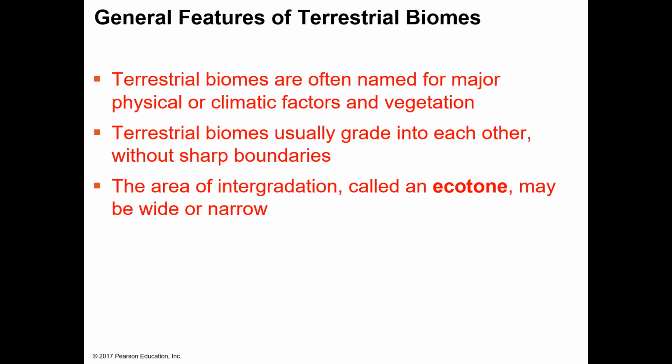Because they are fading from one into another area. So the area where they overlap, the intergradation area, is called an ecotone, and the ecotone area where there's an overlap between these terrestrial biomes can be very wide or very narrow, depending on the location on the Earth that you're looking at.